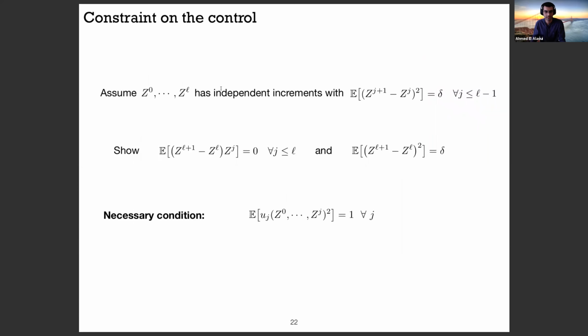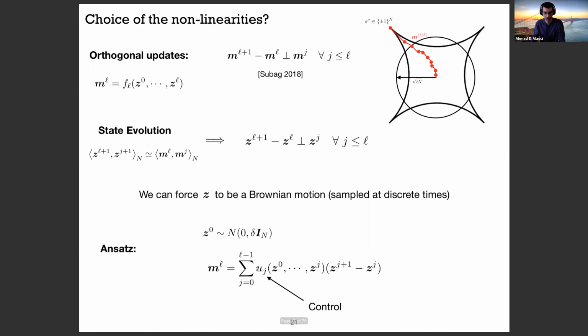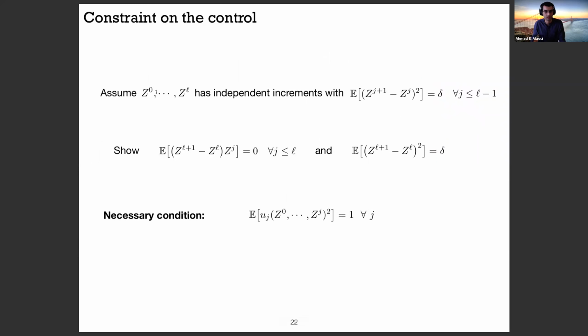Now, there is a certain condition that you would have to put on these U's so that you get orthogonality of the M. So let's see what that condition is. Let's assume that the Z's, now I switch to capital Z's because here I'm talking about the infinite limits, N goes to infinity. But you can just think of these as being the original Z's.